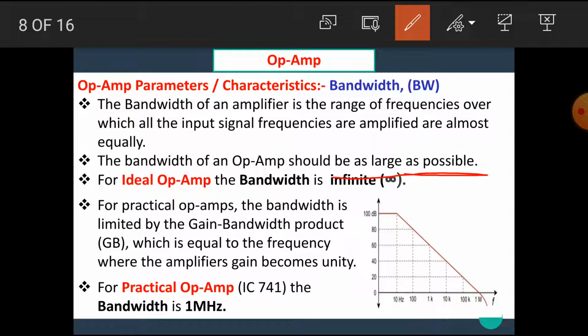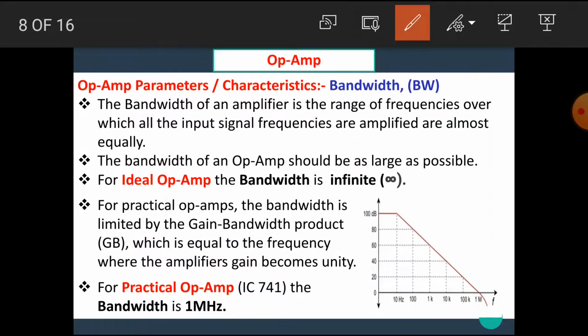For ideal op amp, the bandwidth is infinite. But for practical op amps, the bandwidth is limited by the gain bandwidth product, which is equal to the frequency where the amplifier's gain becomes unity. For practical op amp or for the IC741, the bandwidth is 1 megahertz.